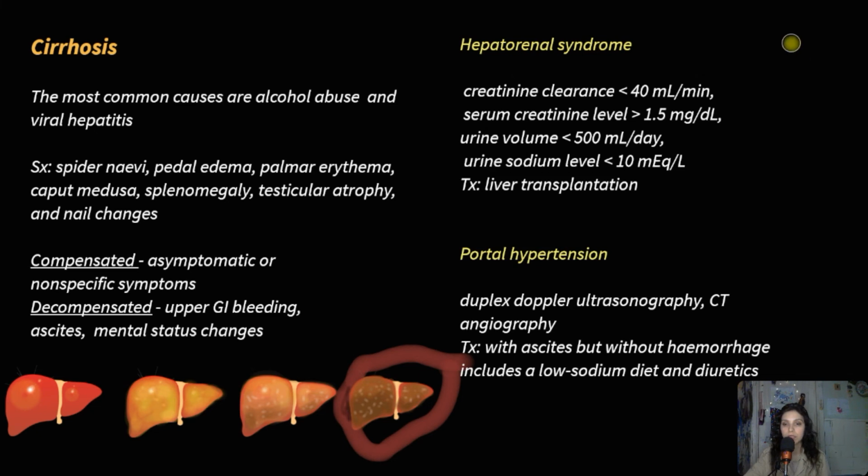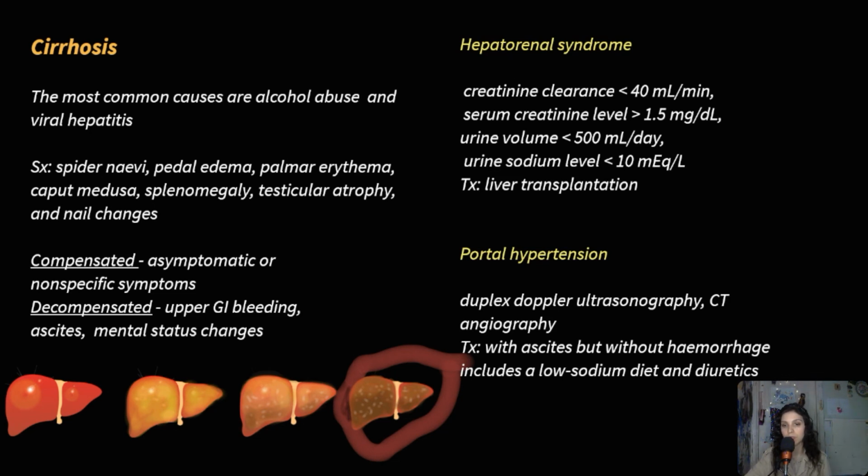Treatment is liver transplantation, but if it's early stage, you can treat it with aggressive expansion of intravascular volume with albumin and fresh frozen plasma, and by avoiding diuretics.